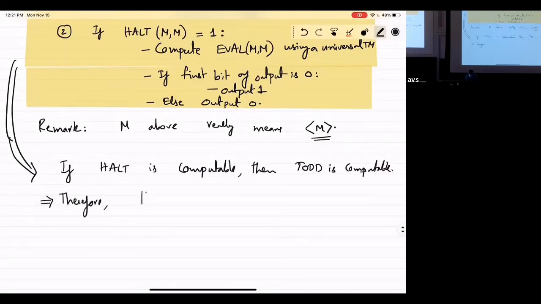Therefore, halt is uncomputable. Any questions about this? All right.